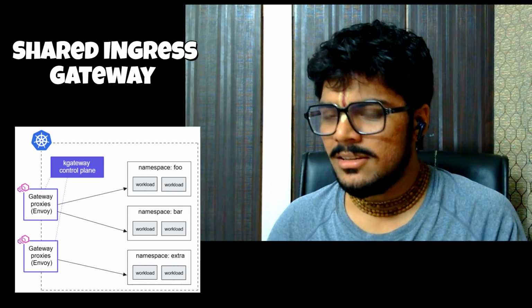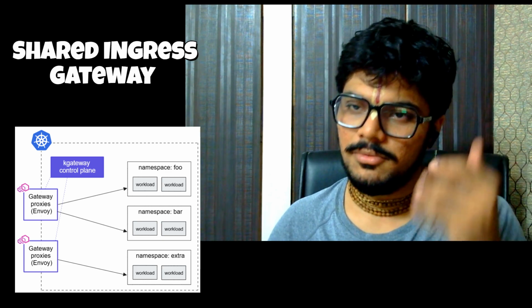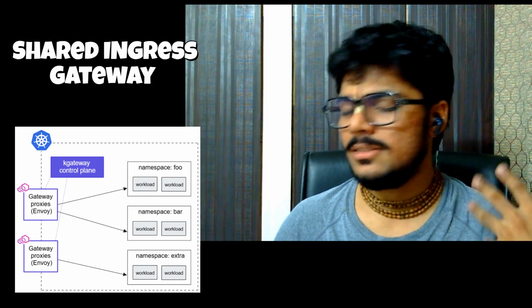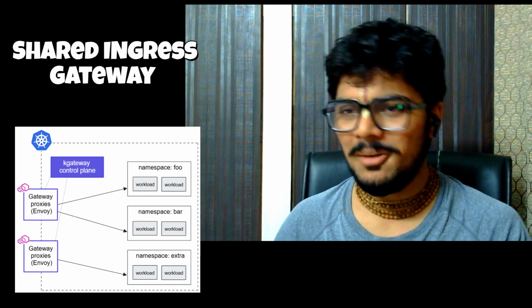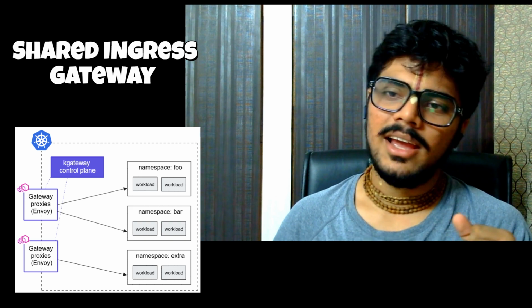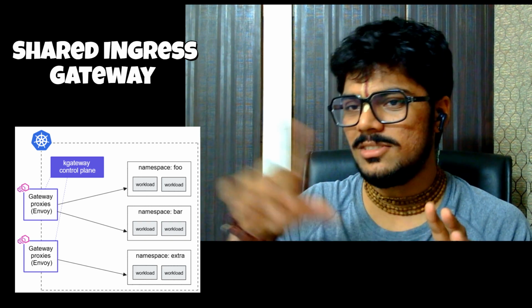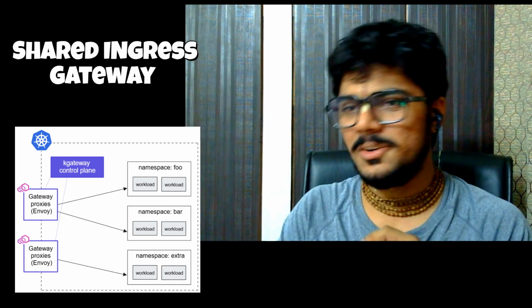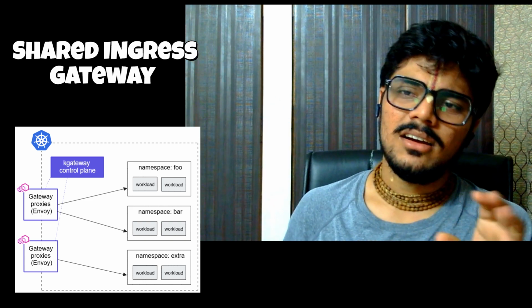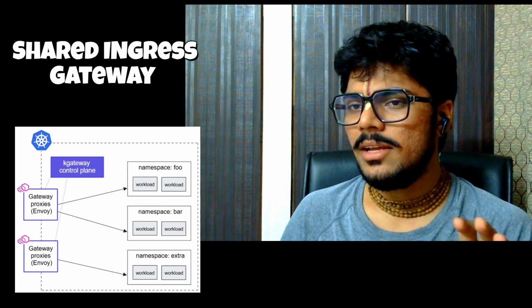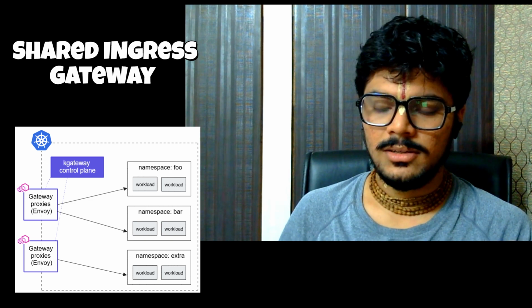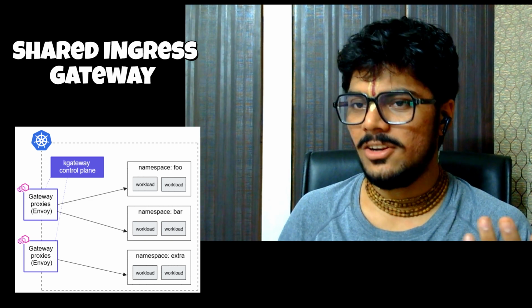So if it is a shared gateway API, we might have different ingress gateway APIs being pushed onto our architecture, but they will all be handled with the help of the same kgateway control plane. These are particularly helpful if your workload is really large, handling a lot of traffic.